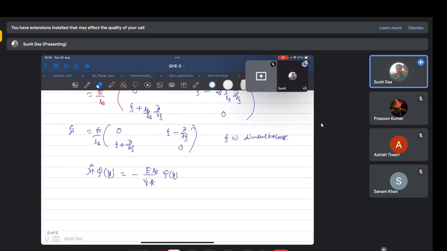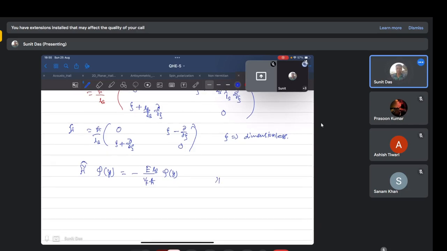Okay, so let me call it h cap tilde. Because h cap is simply h tilde cap into h bar by lb.